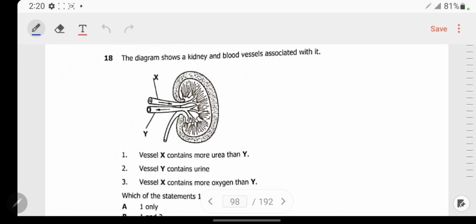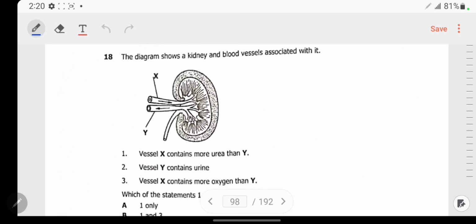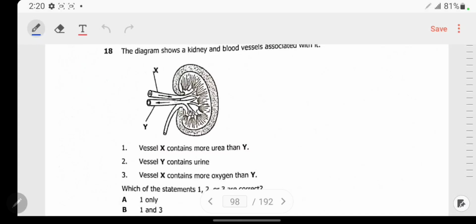We need to identify. This one is going to the kidney, so this is the renal artery. The one that is leaving, we have the renal vein.